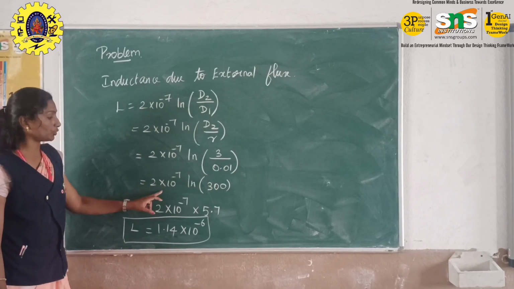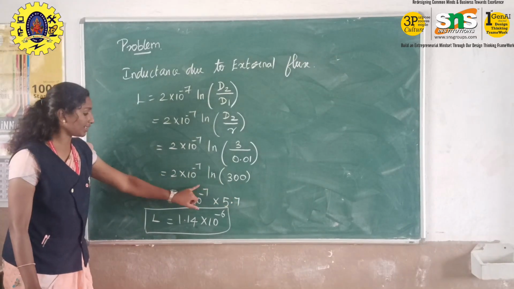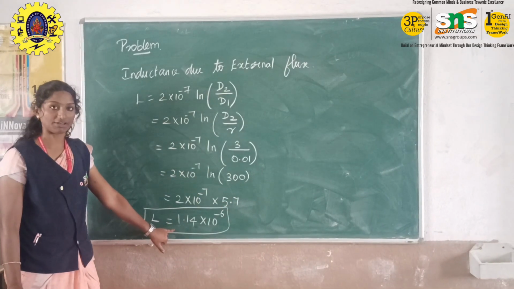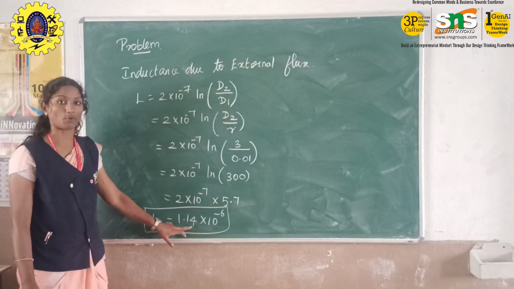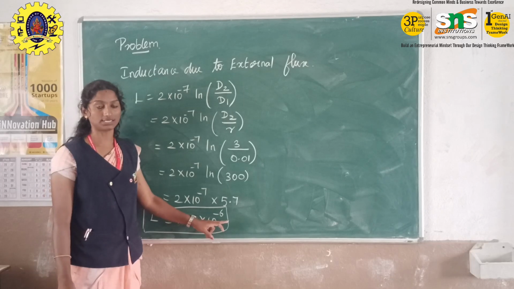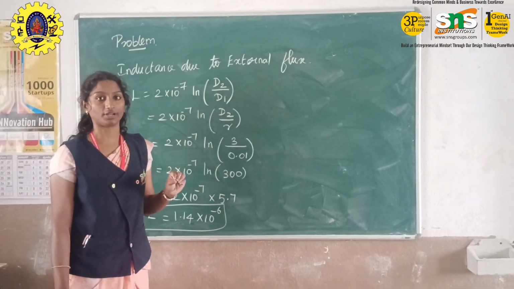This equals 2 into 10 power minus 7 ln of 300. By calculating this, the inductance due to external flux is 1.14 into 10 power minus 6.